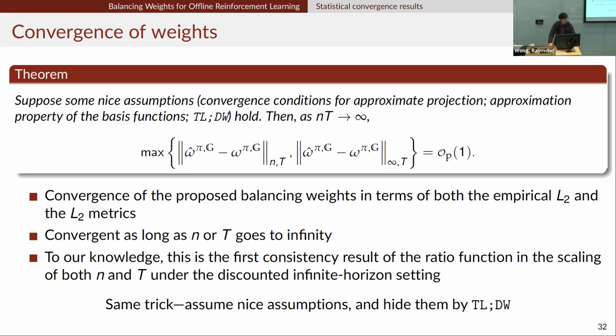To the best of our knowledge, this is the first consistent result for a ratio function that can scale with both n and T. So far so good, because I hide all the conditions, and I'm depending on you to trust me that I'm doing a good job.